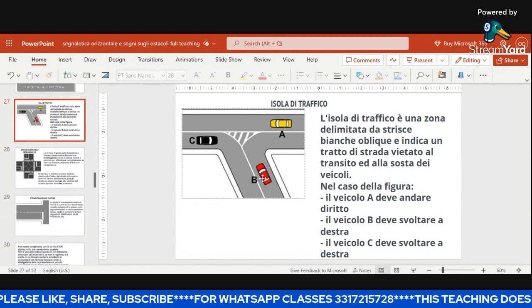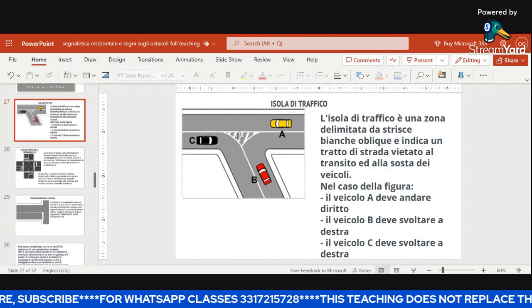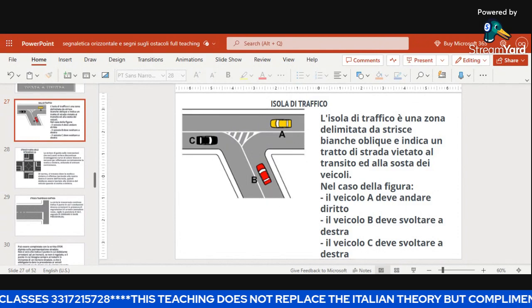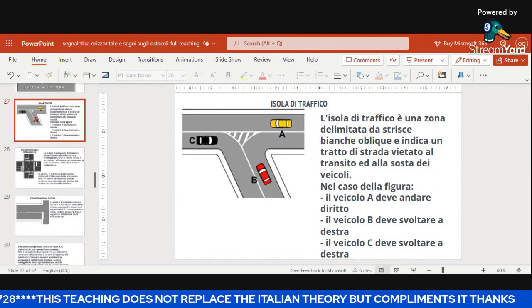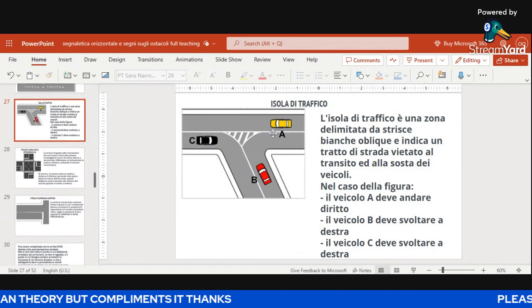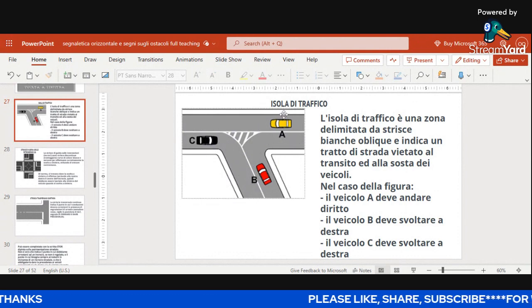Vehicle B cannot climb up, because it has a continuous line. Il veicolo C deve svoltare a destra. Vehicle C must turn to the right. B must turn to the right this way, vehicle C must turn to the right this way, and vehicle A must keep going straight. Okay, this is isola di traffico.